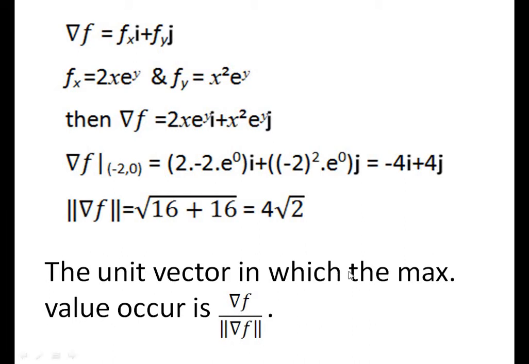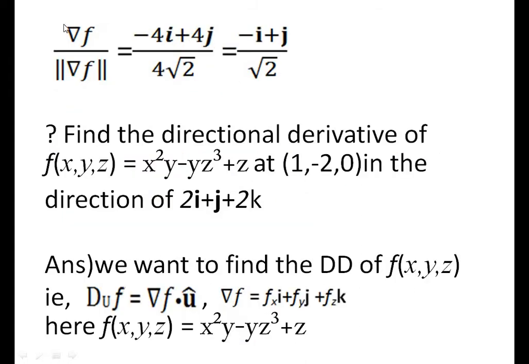The maximum value of the directional derivative occurs in the direction of del f by norm del f, which is the unit vector. We calculated del f and norm del f. Then the unit vector del f by norm del f equal to (-4i plus 4j) by 4 root 2, cancelling 4 commonly, then we get (-i plus j) by root 2.